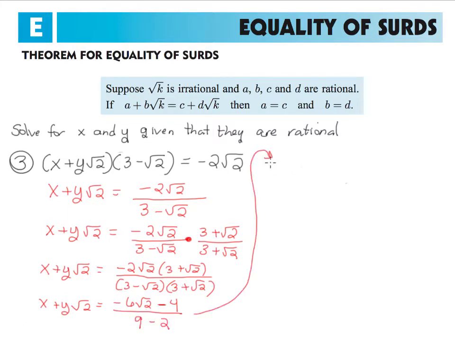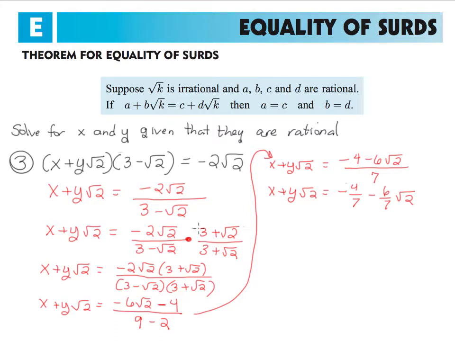So now we have x plus y, the square root of 2, is equal to negative 4 minus 6, the square root of 2, over 7. I want to put the radical last. And now let's split up those fractions so I can get it in the form of a plus b, the square root.